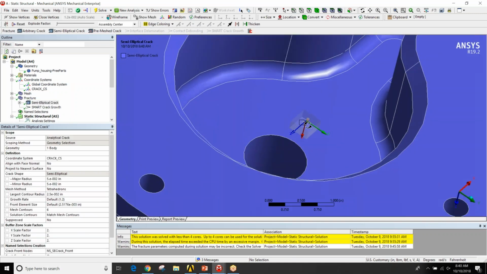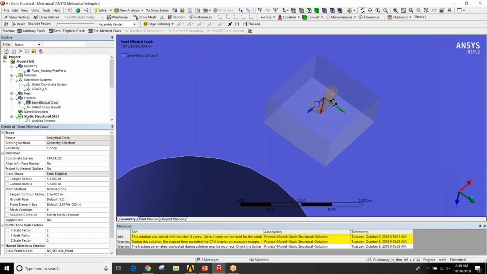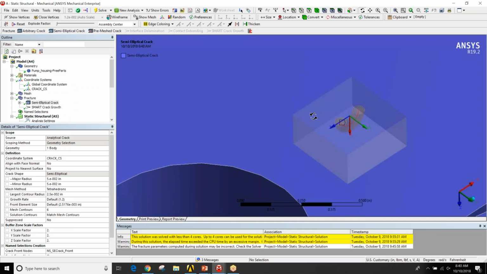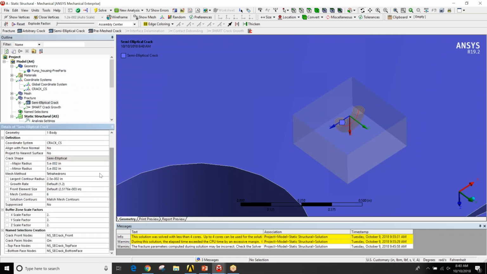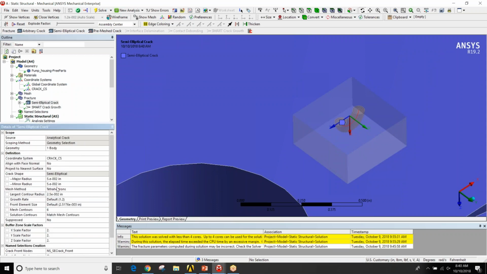But the way to do that is by specifying a coordinate system at the location, and then specifying these parameters over here, the major radius, the minor radius. In my case, it's a semicircular crack. As you know, if the major radius is equal to the minor radius, that becomes a semicircular crack. So I put a surface crack, a semicircular crack, right at that location, and that's really the most important thing, specifying a crack coordinate system.